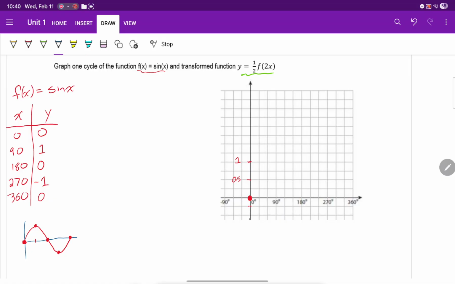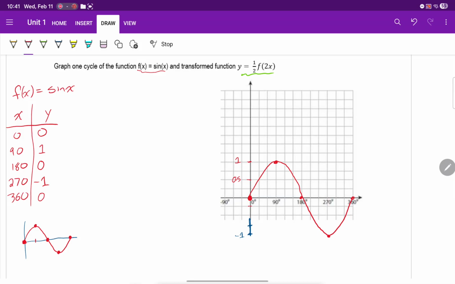If I extend this line down a little bit, let's go roughly here. We'll call this -1 here. So that original function is going to go up, down, all the way down, and back up, roughly like this. Okay.